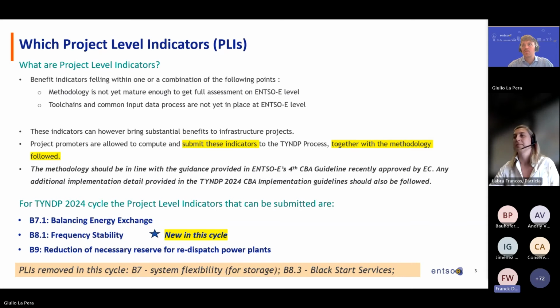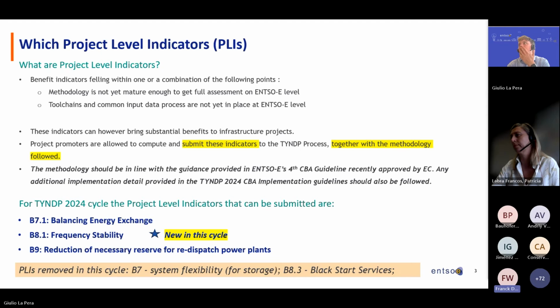Basically, no major change compared to that previous cycle in regard to this project level indicator. It always assesses the potential balancing energy exchange that could be provided, and the balancing energy exchange cost that could be saved through the implementation of the infrastructure project.